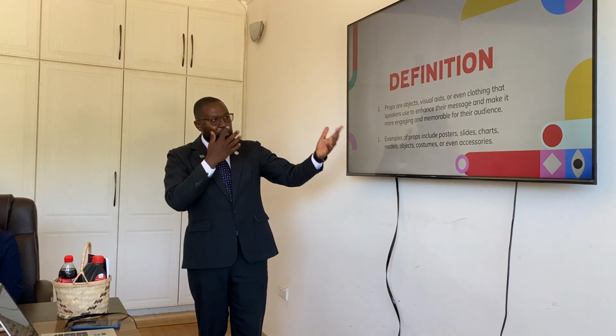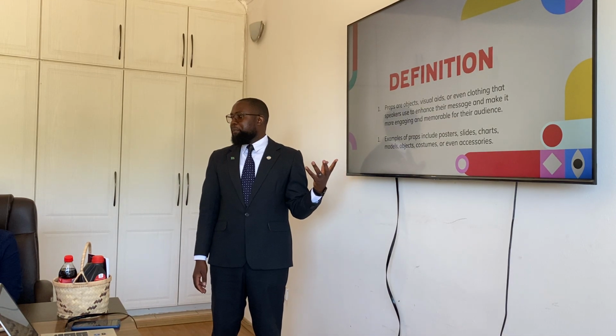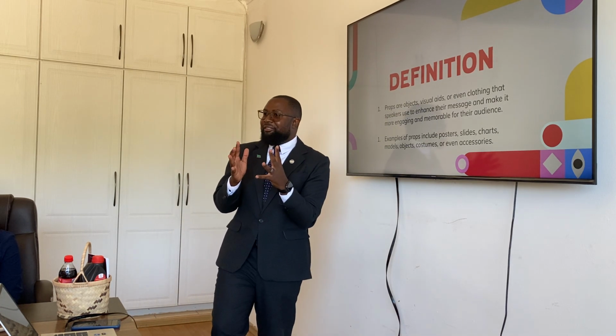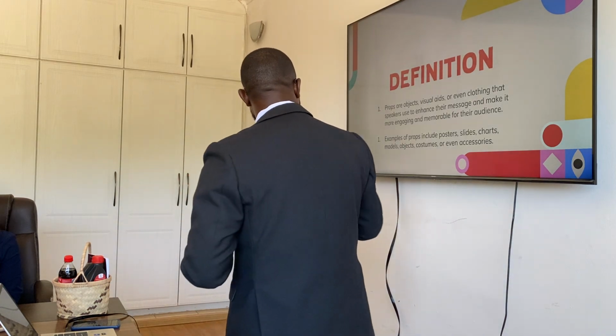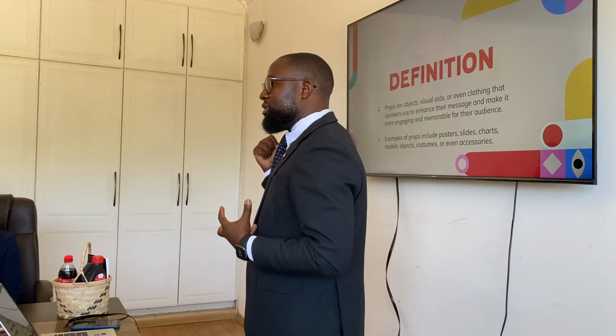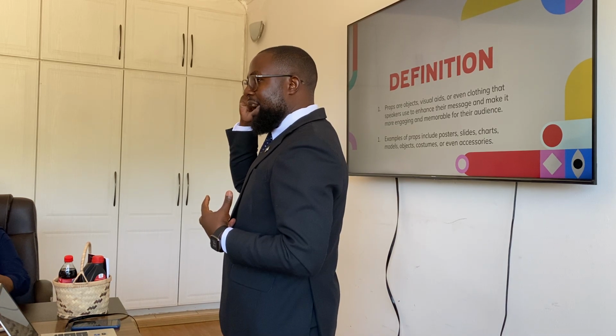And examples of those props would include things like posters. This thing that I'm showing right now is an example of a prop, a slide. So a slide should not have all the information that you want to talk about. A slide should just have a piece of what you want to talk about, and then the rest of the explanation, remember what we talked about in the last session, has to be coming from the head.